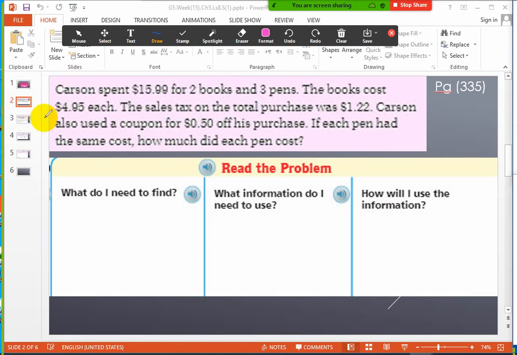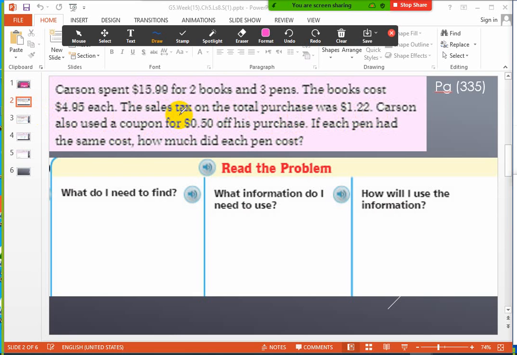Carson spent $15.99 for 2 books and 3 pens. The books cost $4.95 each, so each book costs $4.95. The sales tax on the total purchase was $1.22.